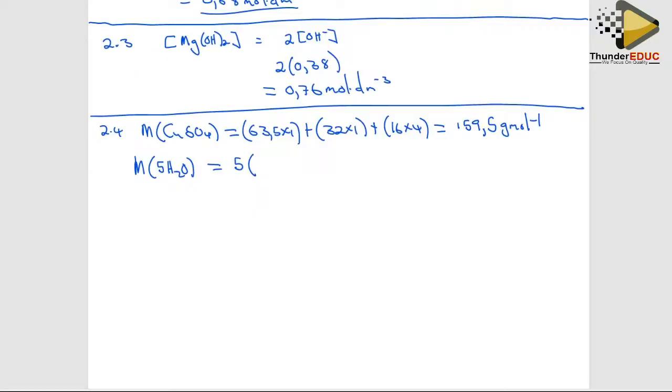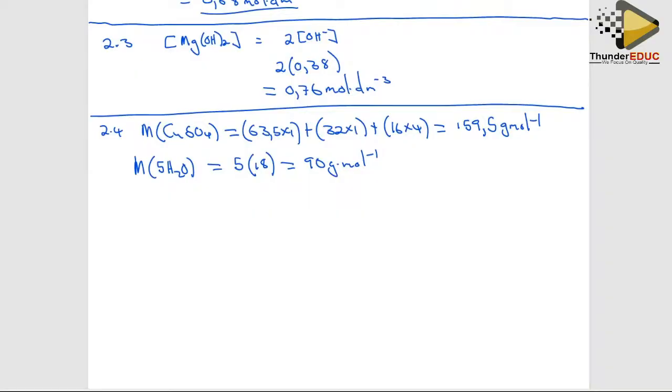The molar mass of water is 18. Therefore, 5 multiplied by 18 gives me a value of 90, so 90 grams per mole.